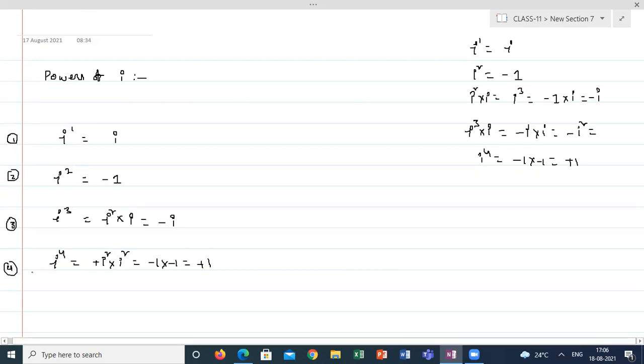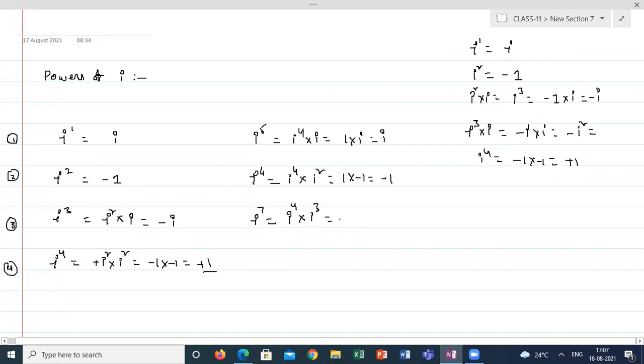Again, if I write i power 5, let's see what I get. i power 5 is i power 4 into i. We got i power 4 is 1, so the answer is 1 into i, which is i. i power 6 is i power 4 into i square, so 1 into minus 1, that is minus 1. i power 7 is i power 4 into i cube.